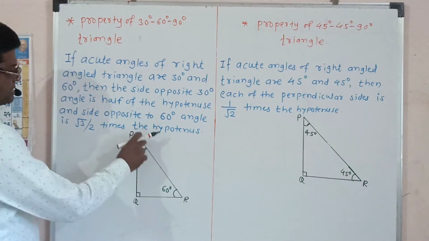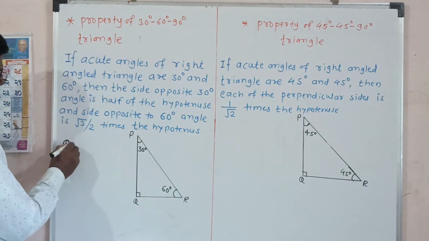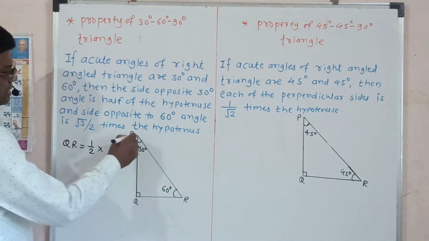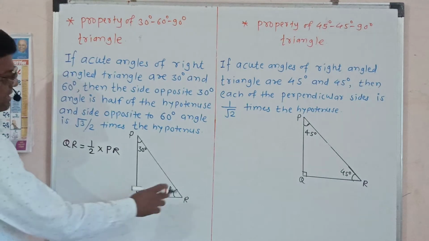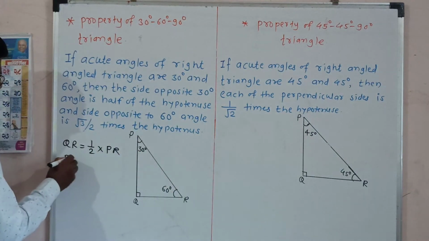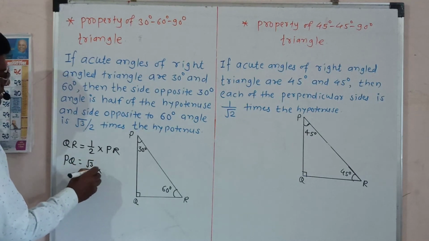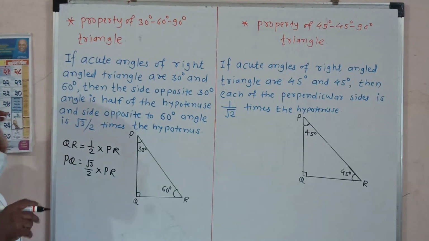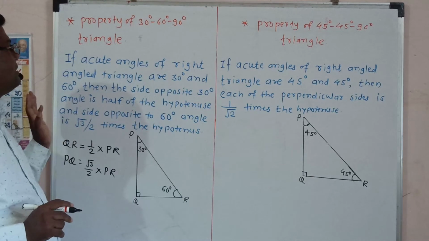Then side opposite to the 30 degree angle, that is the QR, is equal to half into hypotenuse PR, and side opposite to 60 degree, that is PQ is equal to √3/2 into PR. This property is called 30 degree, 60 degree, 90 degree triangle property.